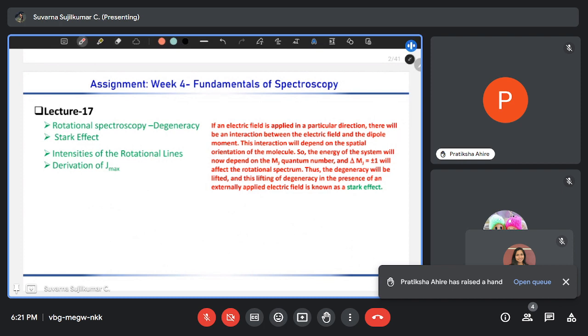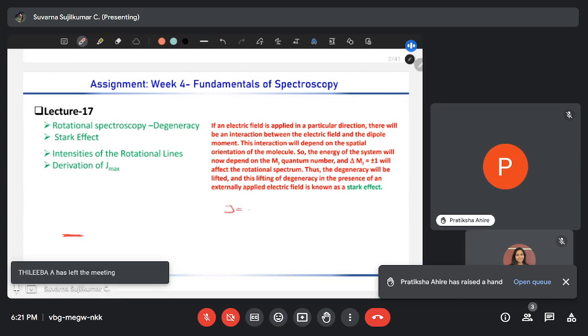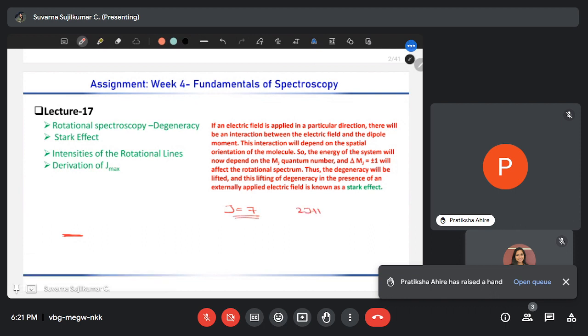Okay. So without the presence of an electric field, the energy levels will be degenerate. In the presence of an electric field, the degeneracy will be lifted. Right. So if you have a quantum number J equal to 7, in principle, we have 2J plus 1 orientations. In the presence of an electric field, it will have J plus 1 orientations.